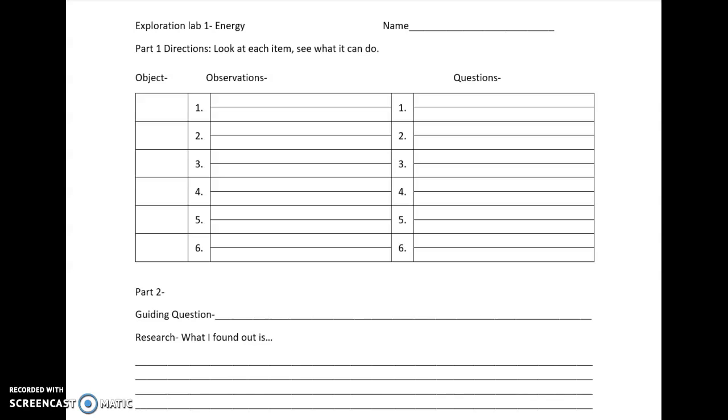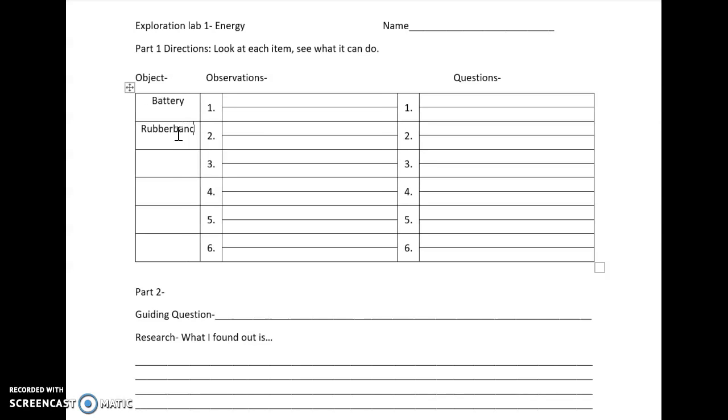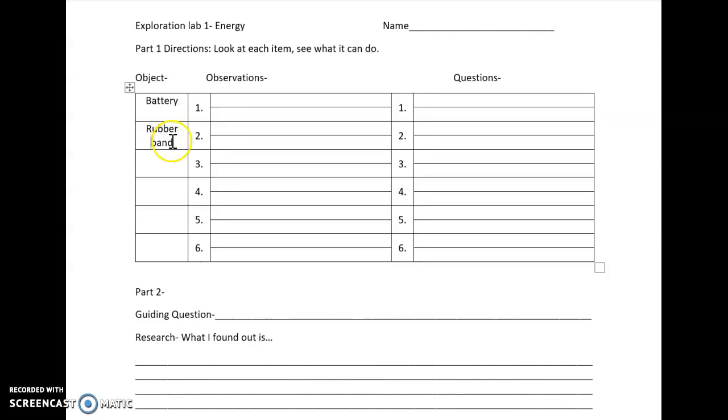So let's start right now by writing down the name of each object. Our first object is going to be a battery. Our second object is going to be a rubber band. Our third object is going to be a dice.